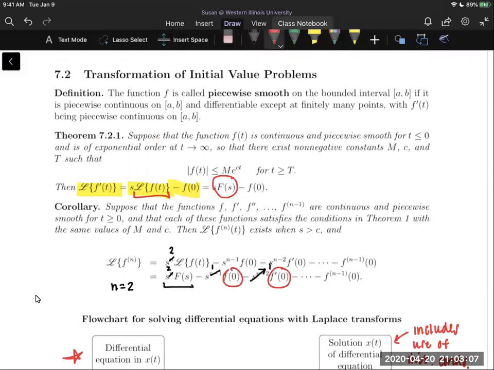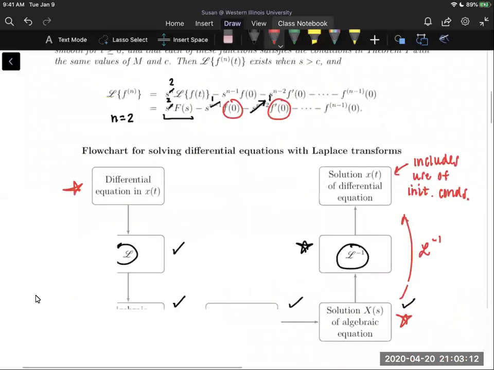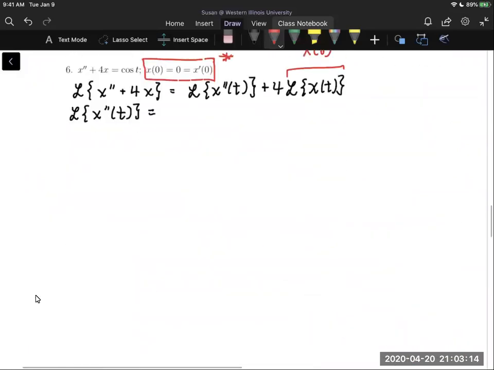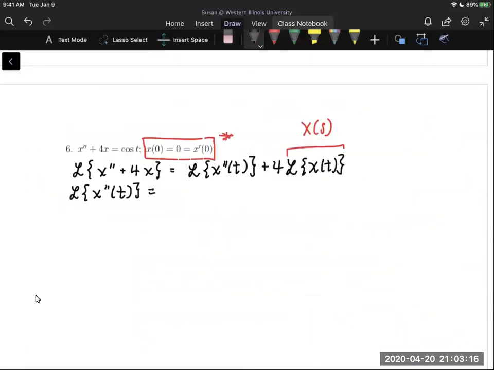All that's going to live on is the s squared X of s. So let's copy that down. So s squared X of s, and then I'm going to write plus 0 just to remind you that it was because of these initial conditions that we didn't get anything else there.